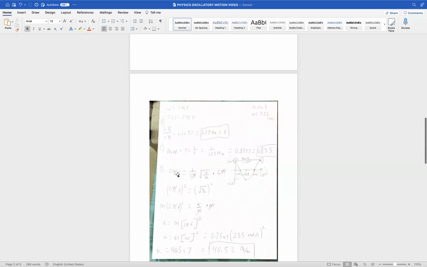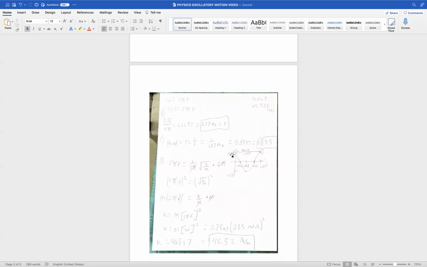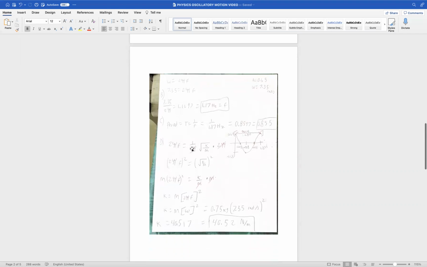So f equals 1 over 2 pi times the square root of k over m. You multiply by 2 pi to get rid of that.